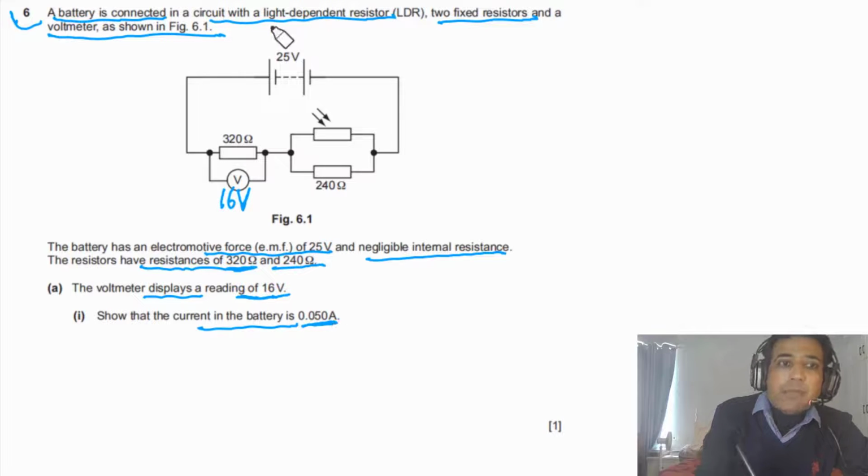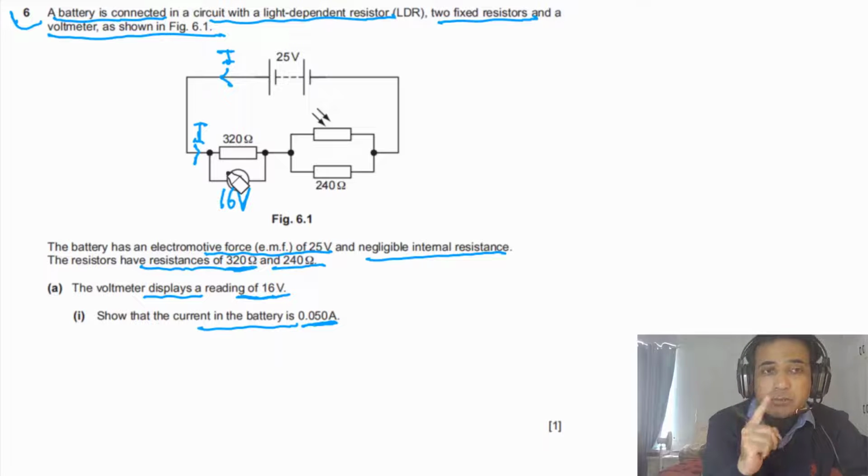Now we need to understand the current coming from the battery. So this is the current, and this total current is passing through this resistor. We have the potential difference across this resistor and we have the resistance of this resistor.